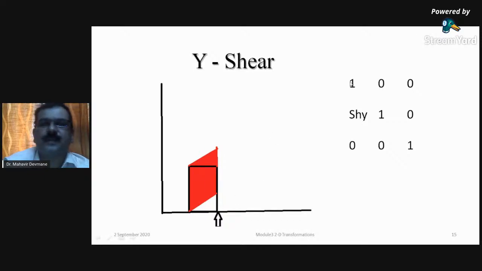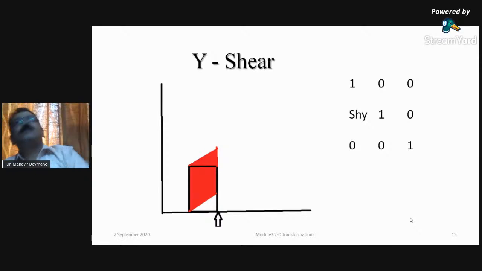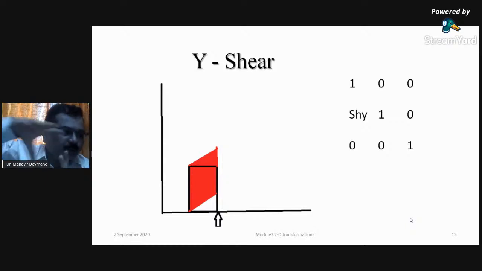So the matrix for this will be 1 0 0, SHY 1 0, and 0 0 1. In this way the x shear and y shear create distortion in your original image. The shape of the image will change.